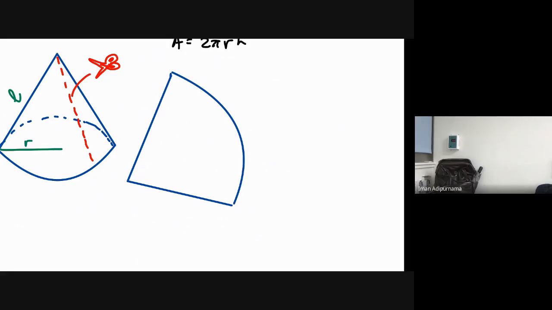It's not really the same, but imagine when you are making the cone, you're gluing this side to here, right? Let me put angle theta here. And this L is still the same L. But the circle here is this one, so this length is 2 pi r.